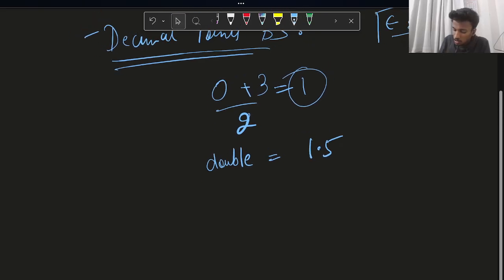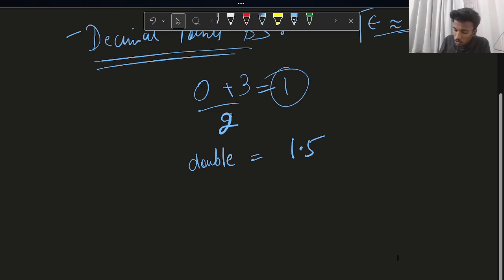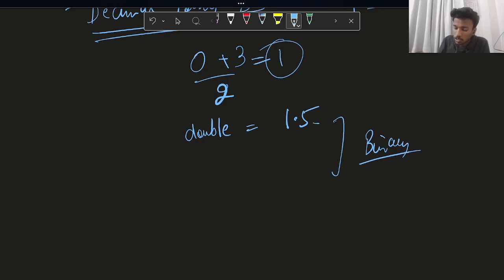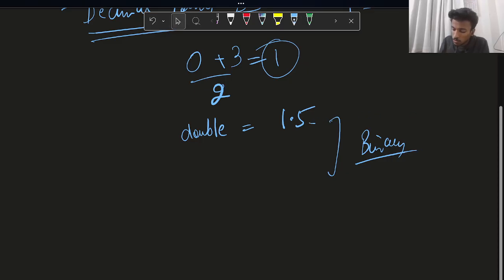And since you are taking double values, it won't ever finish. It is an infinite binary search, because the numbers after the decimal keep on expanding and never converge.